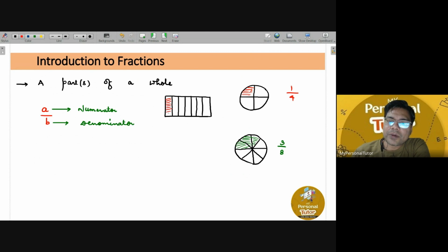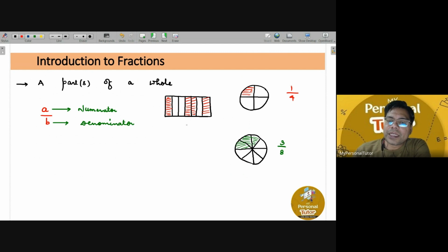Suppose I take one part, then this as well, that is 2 parts, then this as well, that is 3 parts, and let's take the one adjacent to it as well. So in total how many parts have I considered? 4 parts out of 7.